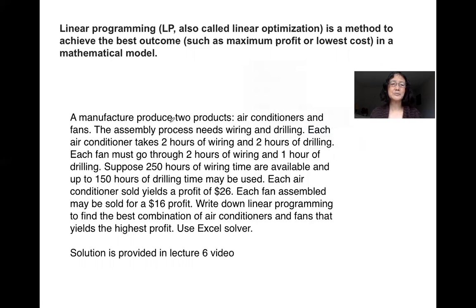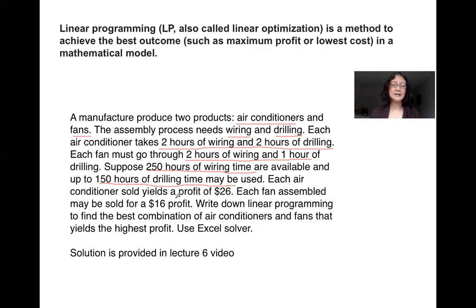A manufacturer produces 2 products, air conditioners and fans. The assembling process needs wiring and drilling. Each air conditioner takes 2 hours of wiring and 2 hours of drilling. Each fan must go through 2 hours of wiring and 1 hour of drilling. Suppose 250 hours of wiring time are available, and up to 150 hours of drilling time may be used.